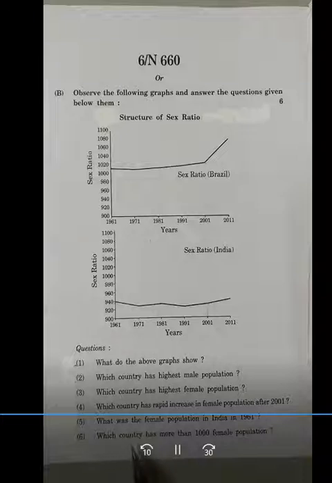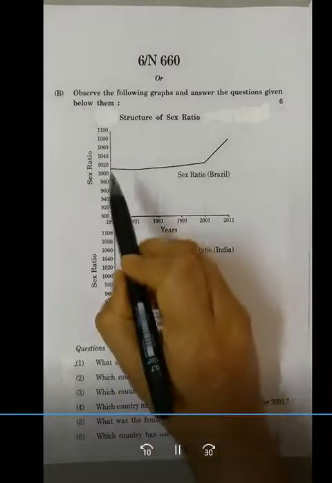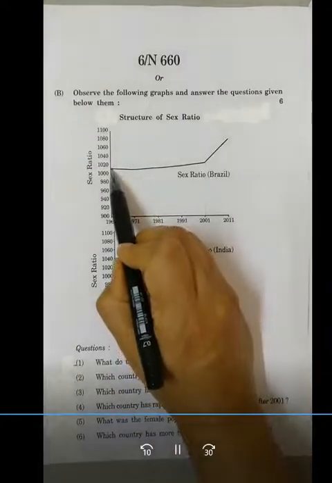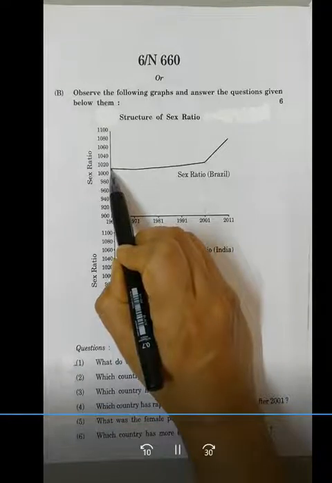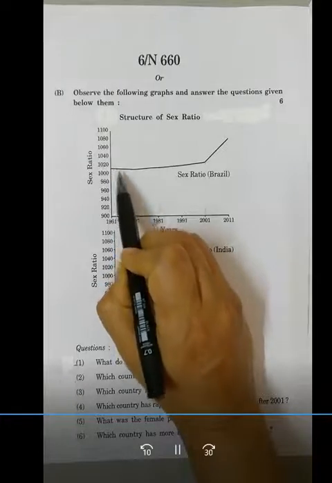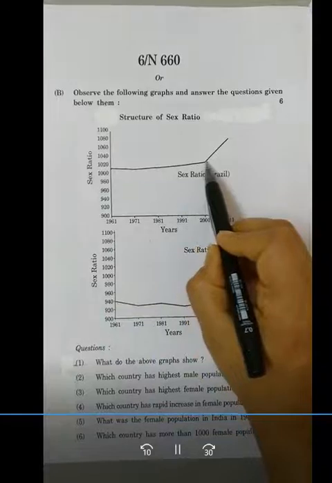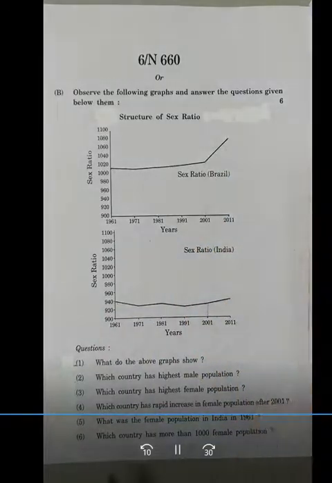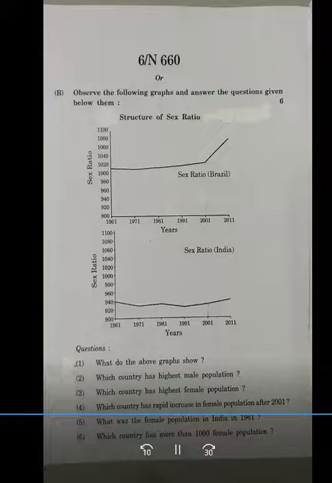Going to the last question. Which country has more than 1,000 female population? We all know the country which has more than 1,000 females is Brazil. Therefore, the answer is Brazil, because Brazil is always having a population which is above 1,000. So the answer is Brazil has more than 1,000 female population, and underline Brazil.